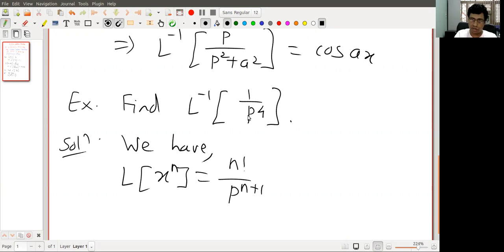Here there is 1 upon p raised to 4, but the numerator is 1. So we can multiply and divide by such a factor.